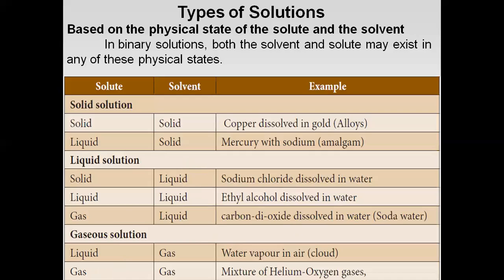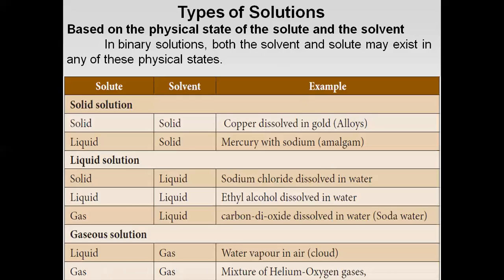And the gaseous solution: liquid and gas, liquid is water and gas is air, so this combination is cloud. Gas and gas: a mixture of helium and oxygen gases. So this is the example for the gaseous solutions.